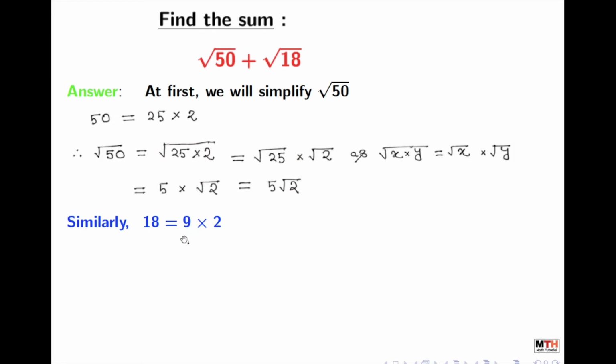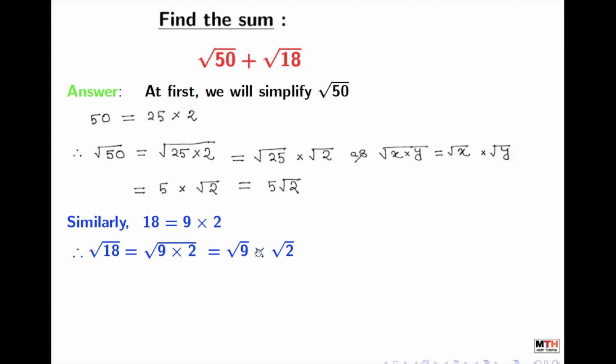And look that 9 is a perfect square here, which is the square of 3. Now take the square root on both sides and get square root of 18 is equal to square root of 9 times 2. That means square root of 9 times square root of 2.